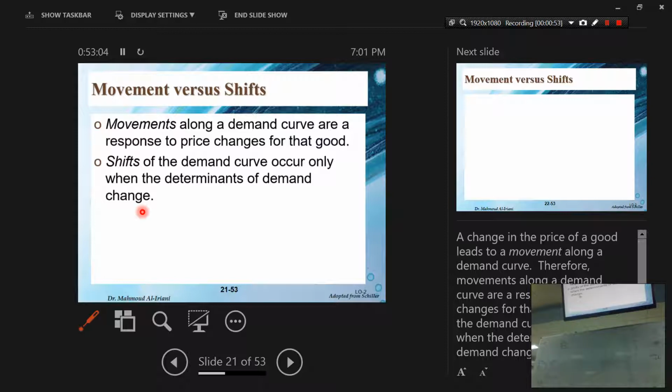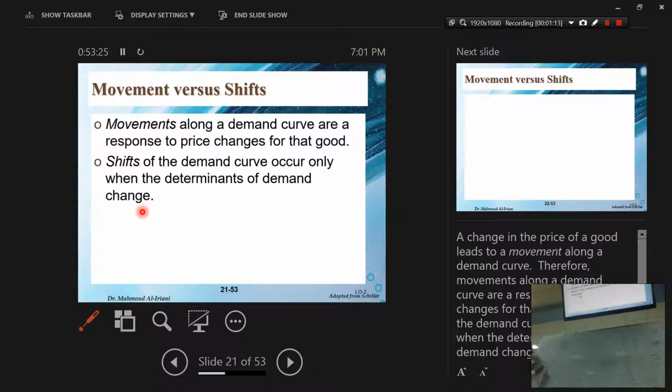Now here, if we look at this curve, what happens if prices move from 5 to 8? This will be a movement from here to here. Do you see?